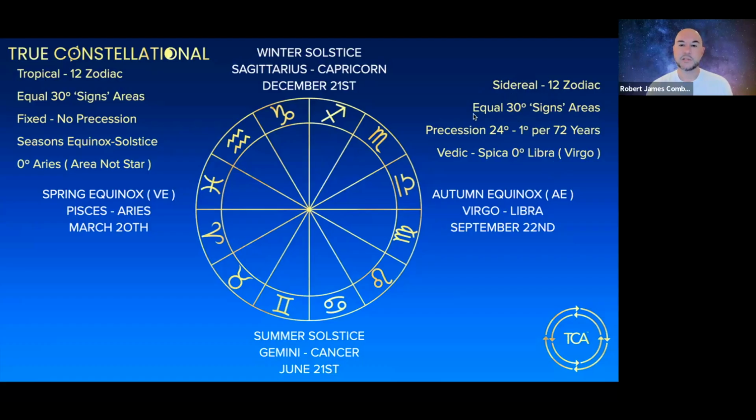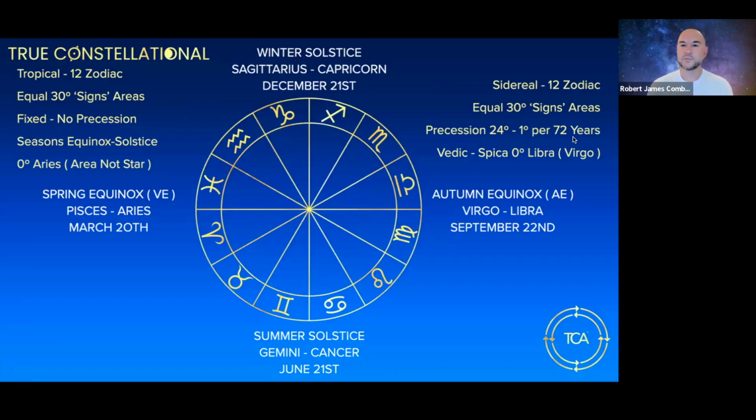But sidereal is different because it does move with the precession of the equinox. And precession of the equinox moves approximately 1 degree every 72 years, which is very ironic because a lot of you will know that all of the Lost Octave work is about aligning everything into 72 as an octave of the universe.